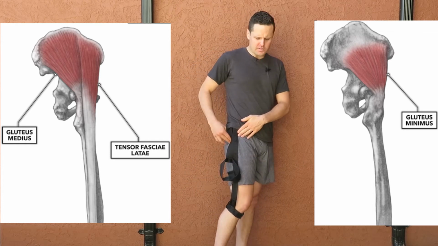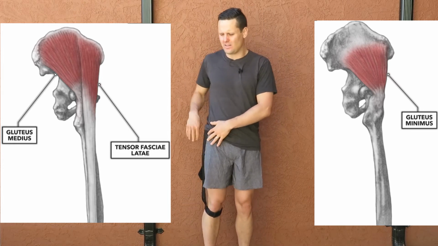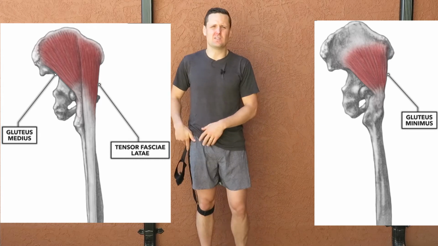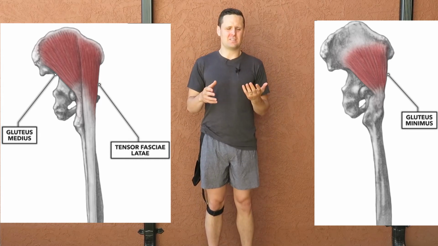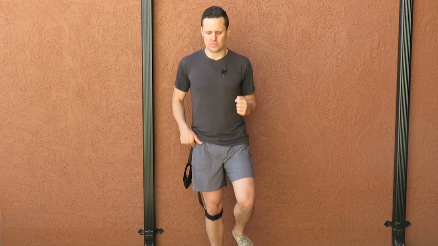So those three muscles, TFL, glute med, and glute min, are supposed to work together nicely and have a balance. They have little different lines of pull, they can operate in different directions, and it's supposed to be this really nice system. The problem is that for a variety of reasons, TFL tends to get overworked and tends to do much more of that hip abduction or sort of hip and knee stabilization work than the other two.